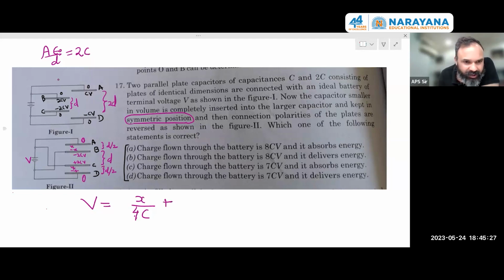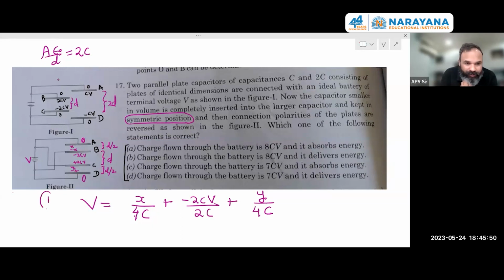So plus, now the second term is giving me minus 2CV upon the capacitance, and for D here, again, I've got a capacitance of 2C. And then finally, the third term is Y, and here again, I'll have a 4C term.